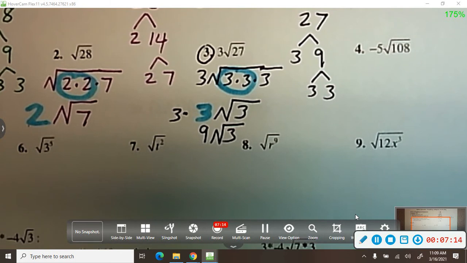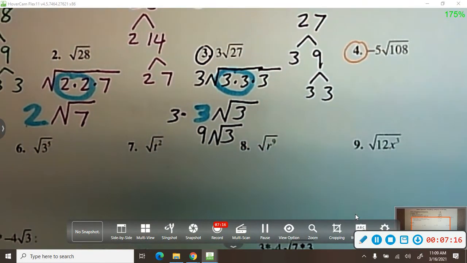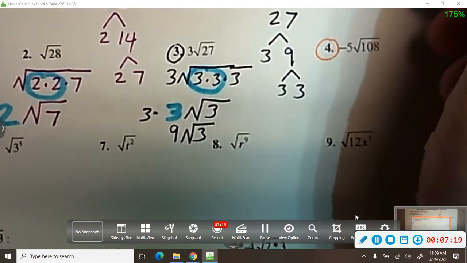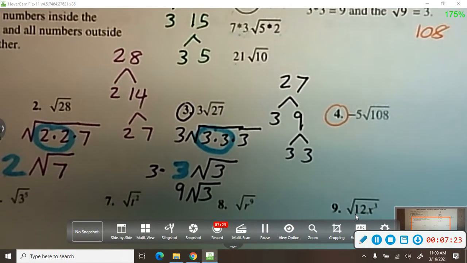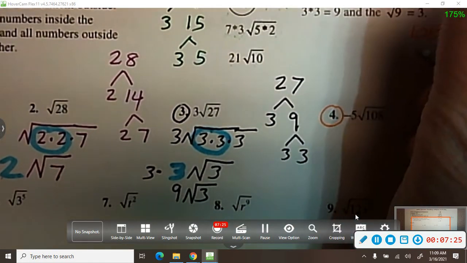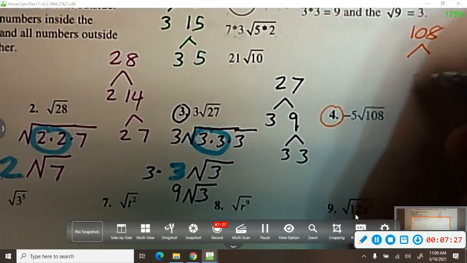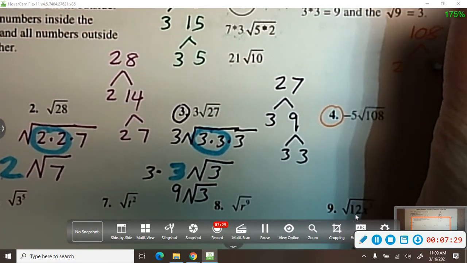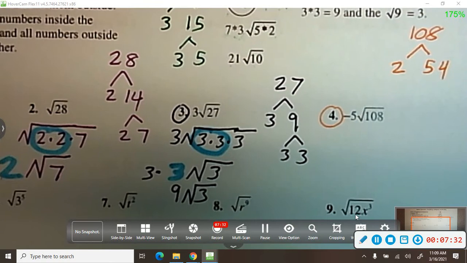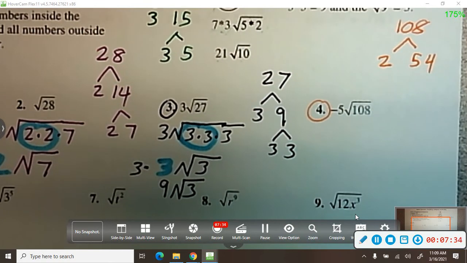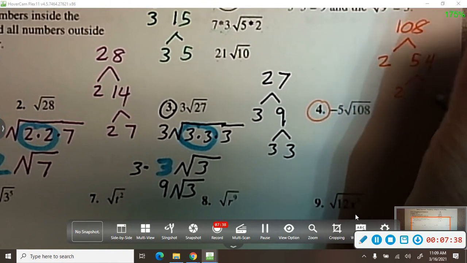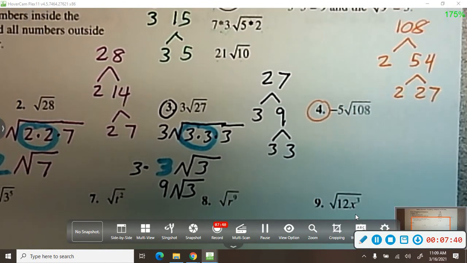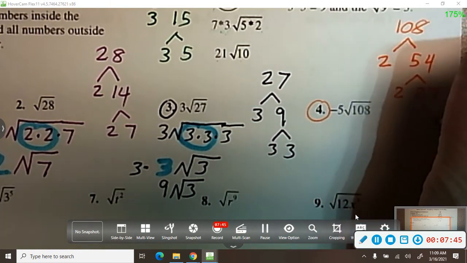Number 4. We take 108. 108 is even. That's 2 times 54. 54 is even. That's 2 times 27. 27 is not even, so I'll try 3. 27 is 3 times 9.